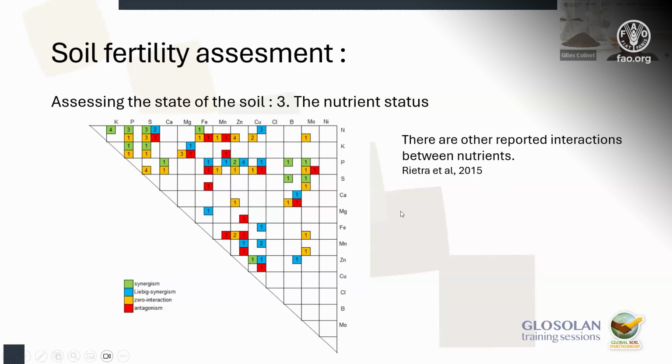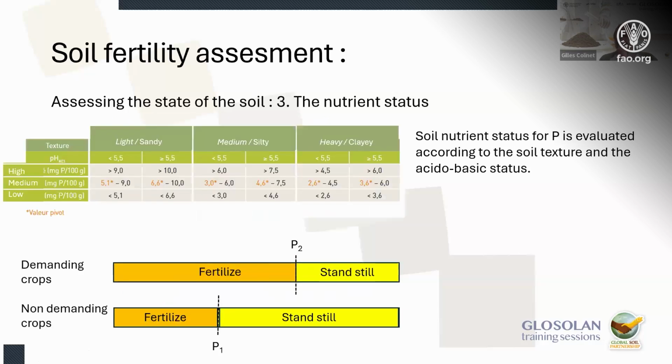You can see that sometimes it's a bit complicated. If you look at potassium and nitrogen, all the studies showed that there was synergism. If you look at nitrogen and iron, they had 3 studies. One is green, one is orange, and one is red. So it's a bit difficult to make a conclusion about that.